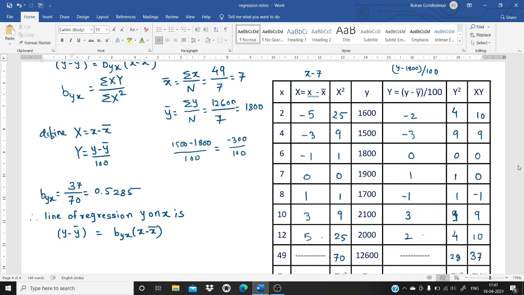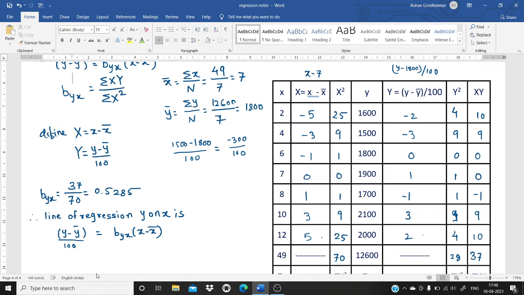But let me clear, in this problem, my capital Y is defined as y minus y bar upon 100. Hence, I am going to replace this term with y minus y bar upon 100. Actually, in the problem, it is y minus y bar. We are just taking a deviation. But in the preparation of the table, what we did was a change of scale. So of course the same change of scale is to be reflected in my formula.